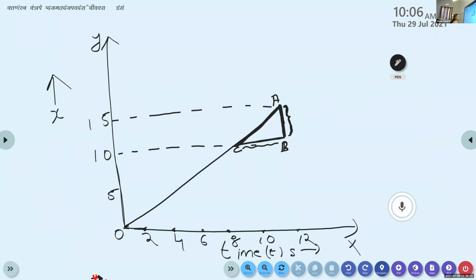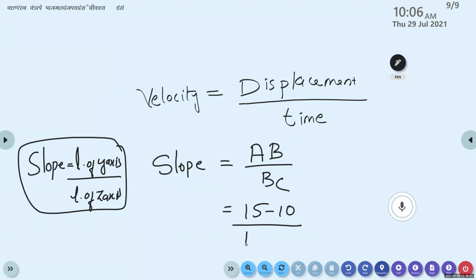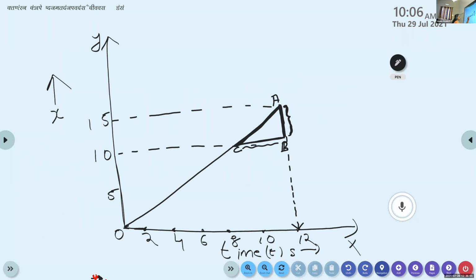What is BC? BC represents the time axis, the difference along the x-axis. What is the point corresponding to B? It is 12, okay. 12 minus C, the point corresponding to C on the time axis.